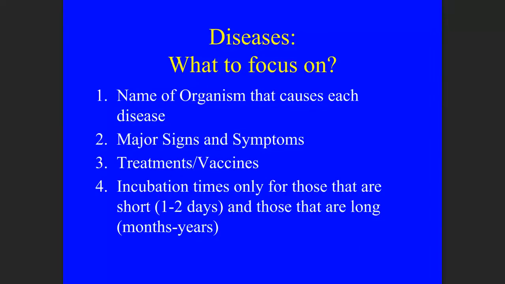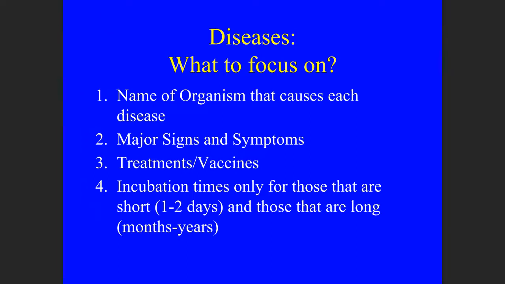Now, before I get into talking about these different diseases, I wanted to come up with a list of things that I think you should focus on as you're studying. So for the next few weeks, while all of these are important, probably one of the more important aspects of what you need to know is the organism.